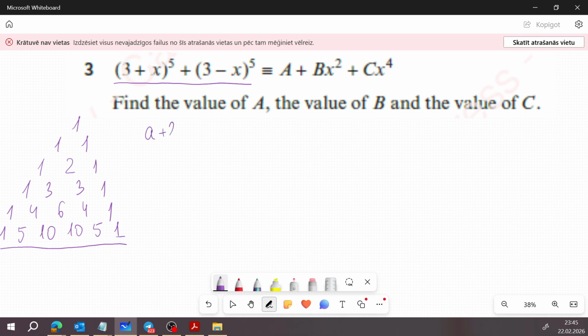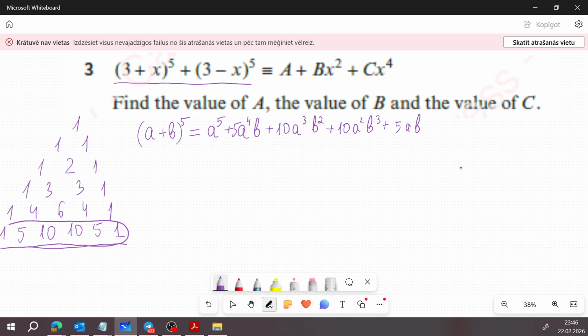If we have a plus b to the power of 5, according to that Pascal triangle, it is going to be a to the power of 5 plus 5 a to the power of 4 b plus 10 a to the power of 3 b to the power of 2 plus 10 a squared b to the power of 3 plus 5 a b to the power of 4 and plus b to the power of 5.